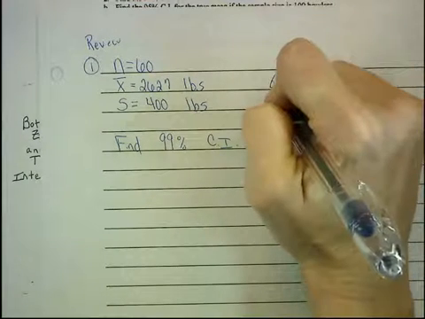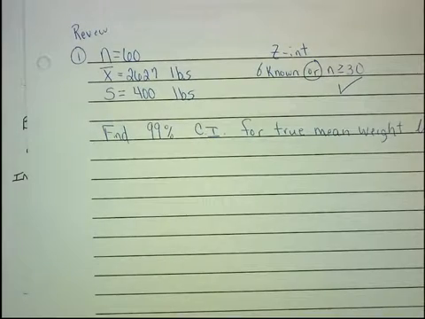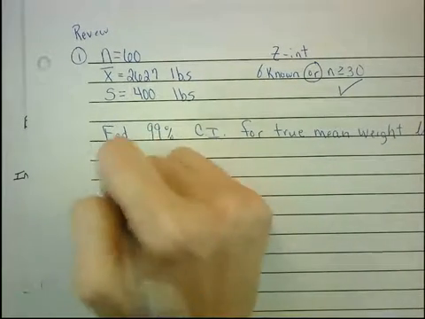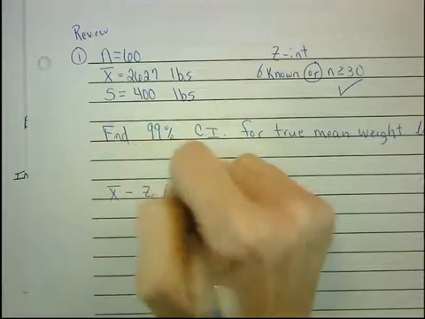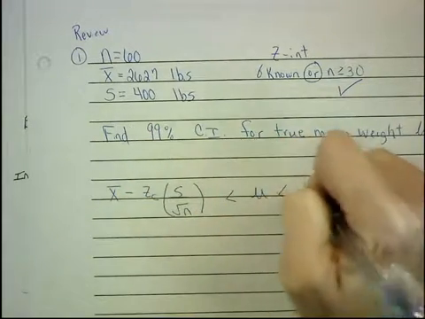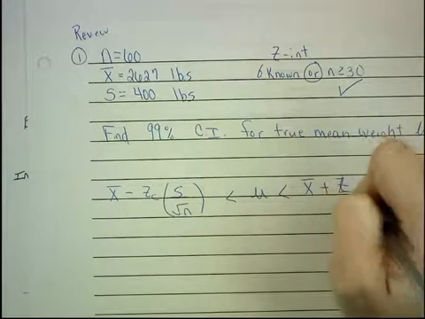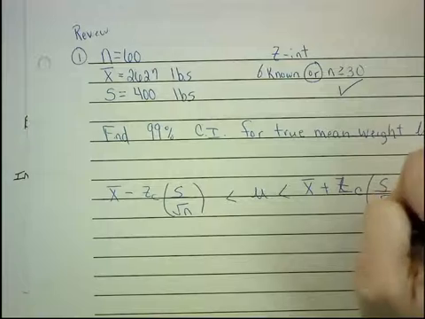They give us S, sample standard deviation. Only one condition is satisfied, and that's all I need for a z. So x bar minus z sub c, s over the square root of n, less than mu, x bar plus z sub c, s over the square root of n.